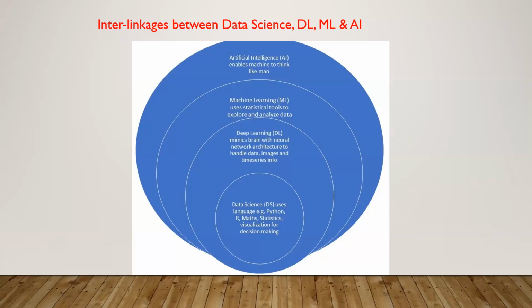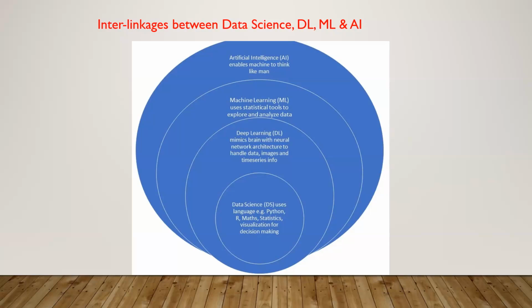We saw the different languages like Python, Java, JavaScript, C++. But you also need skills which are statistical like R. You need mathematics, statistical tools, as well as visualization for decision making. All of that fall in data science.